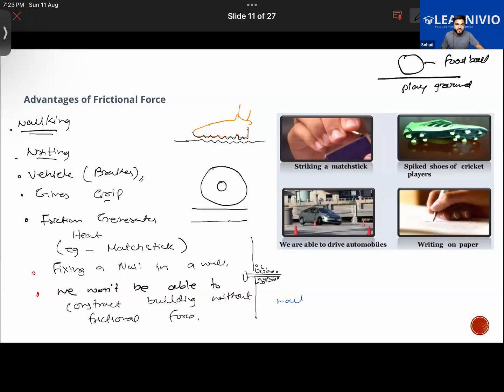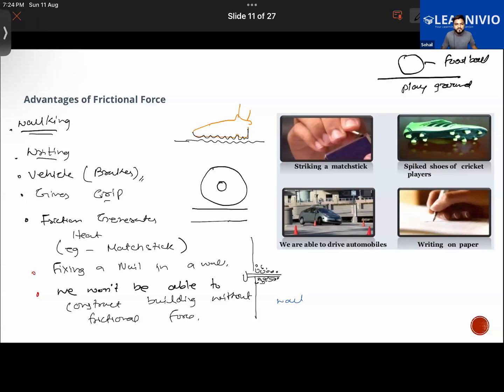We won't be able to walk properly. We won't be able to ride a bicycle or take a car or a bus. No machines would work, because all machines work because of friction between their parts. We won't be able to do any activity, hence life would be near to impossible.